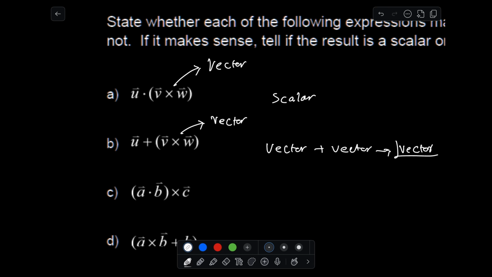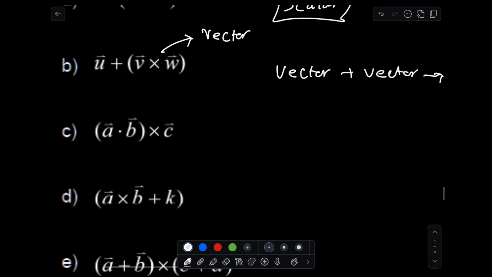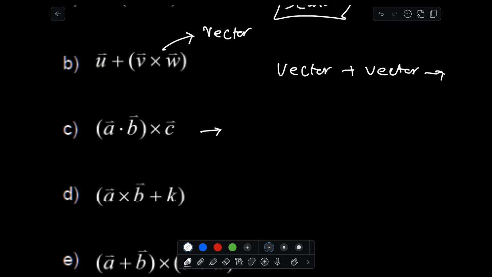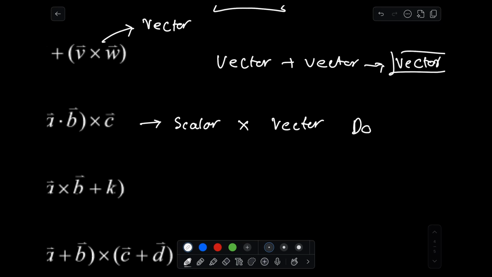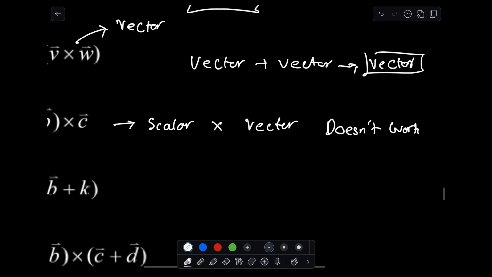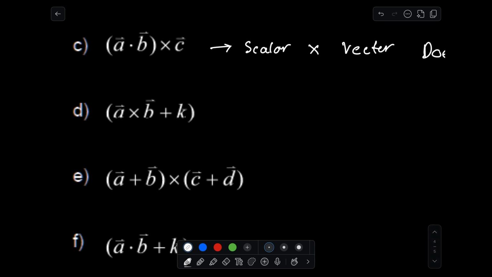So that's also a vector. This is a scalar. If I dot two vectors, I get a scalar. Scalar cross vector doesn't work, because you can only dot or cross two vectors. You can't dot a scalar with a vector because it doesn't have a direction that can be defined, right? D, we're going to cross these two vectors, we get a vector.